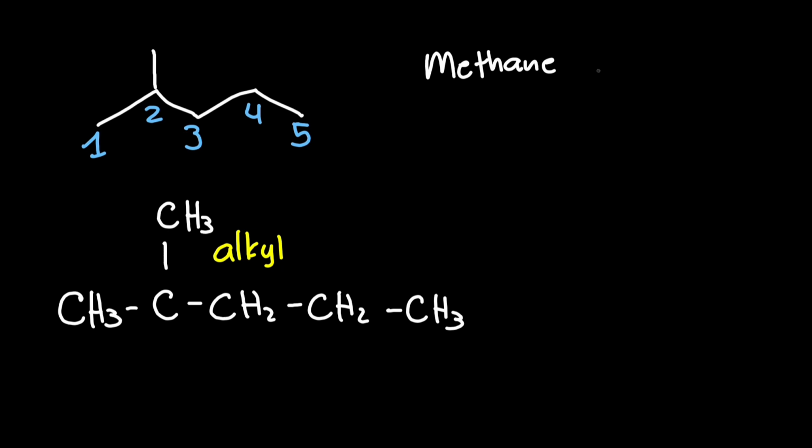Know that methane corresponds to CH4, but since what we have here is CH3, it is an alkyl group. Since this is a substituent, just replace a-n-e with y-l. So this would be a methyl. It is just a methyl group now.